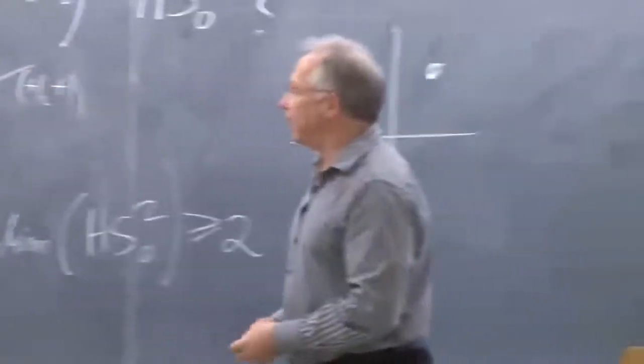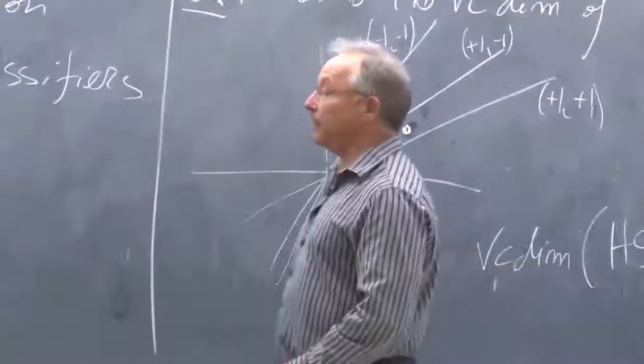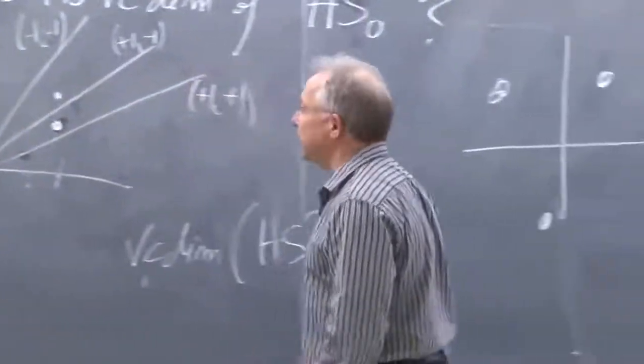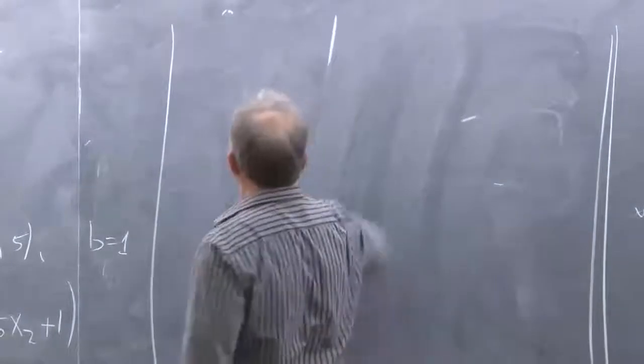OK? So I claim that indeed the VC dimension of linear half spaces going through the origin in dimension n is exactly n. So let me make this claim, and let me show you an algebraic proof.